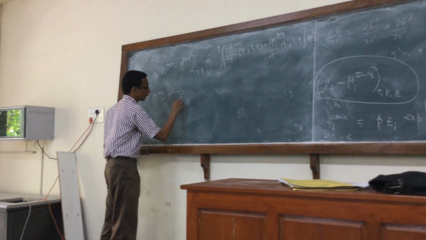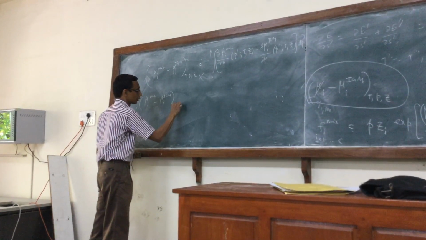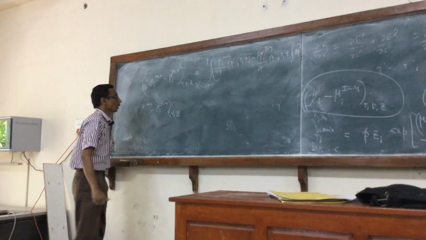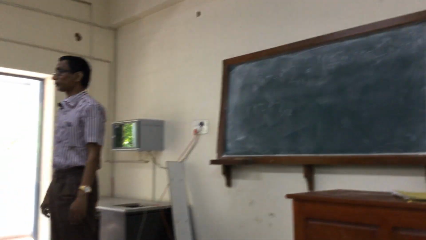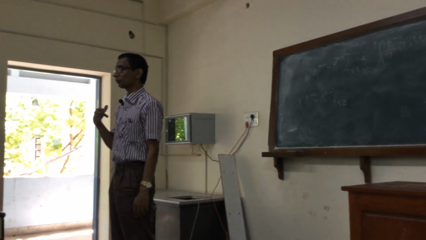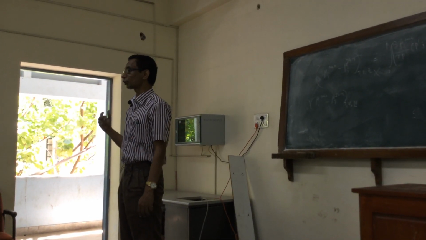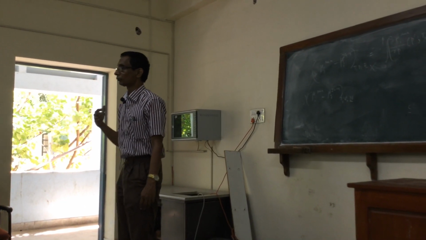So now I'm going to make a somewhat different approach. I'm now going to express the chemical potential in terms of the temperature, the total volume, and the total mole numbers.